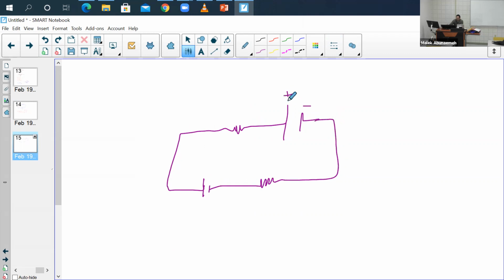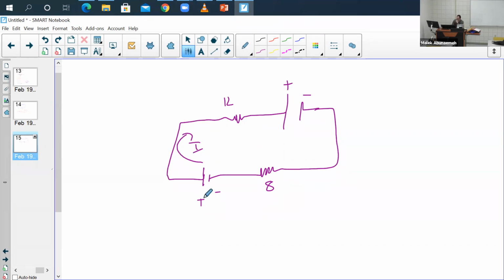It's negative, positive. That's your negative, that's your positive. You go from 12 to 8. And we're going this way for the direction that we decide. Now, if you work this out, the direction doesn't matter. Once you work it out, if your current comes out negative, that means it's actually going the other way. If it comes out positive, it means you actually chose the right way. So let's say we're going that way and we want to find I.